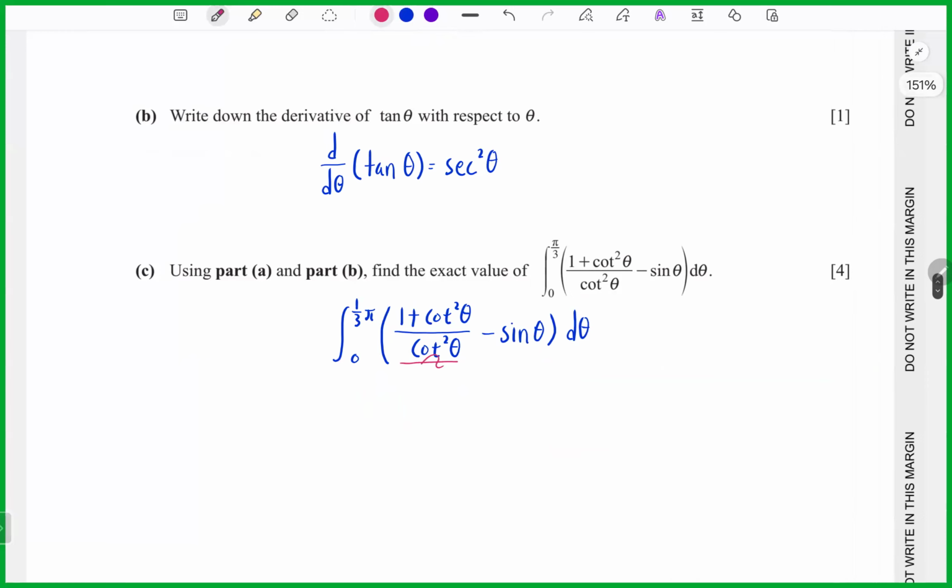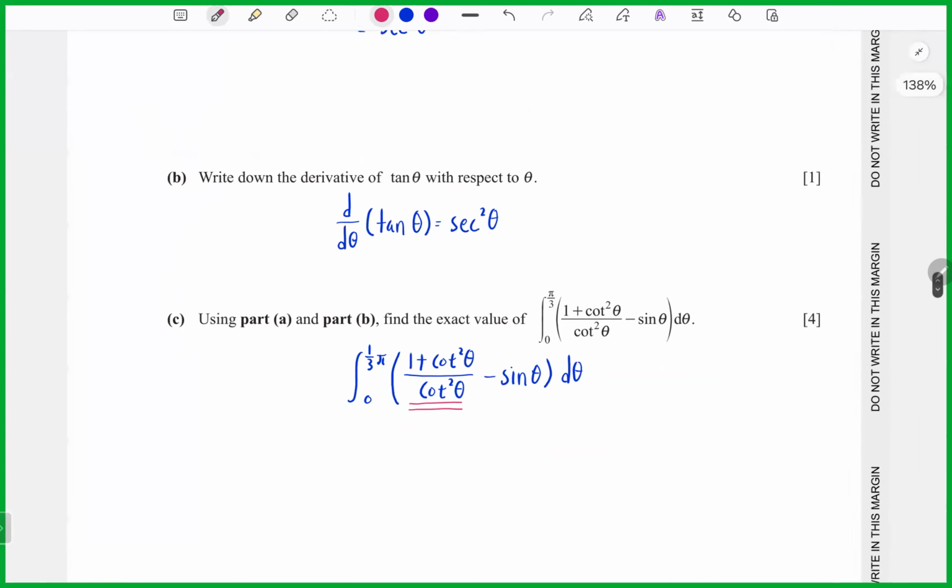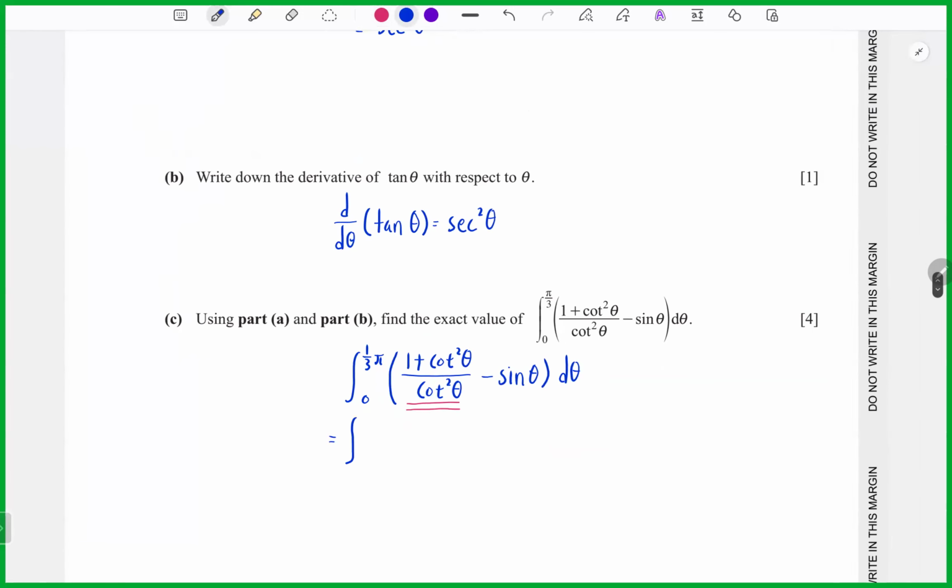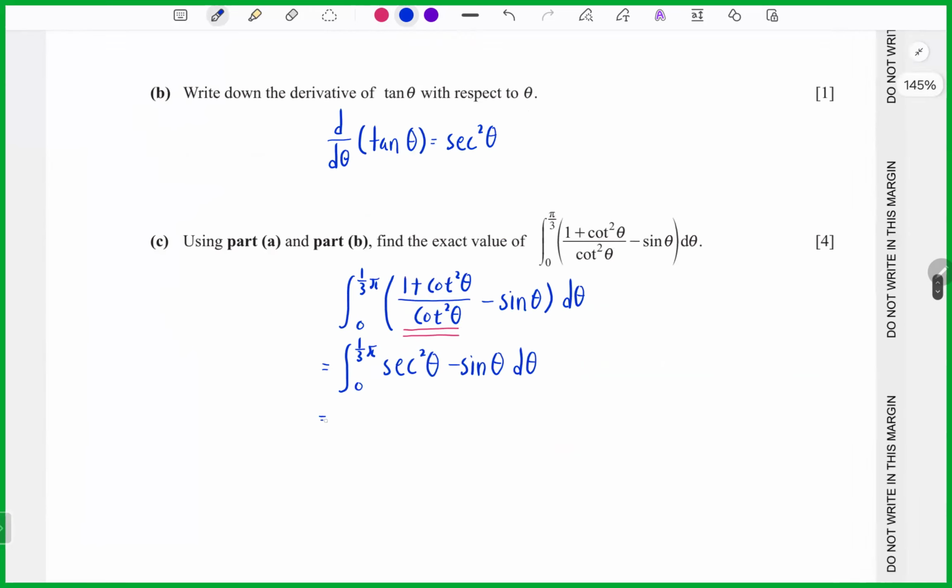For this part, you can use sec square. So you can write here the integral from 0 to 1 over 3 pi of sec square theta minus sine theta d theta. Here you can directly get tangent.